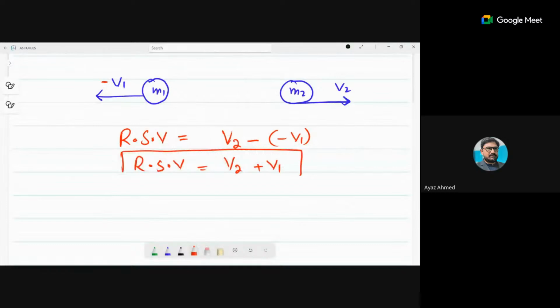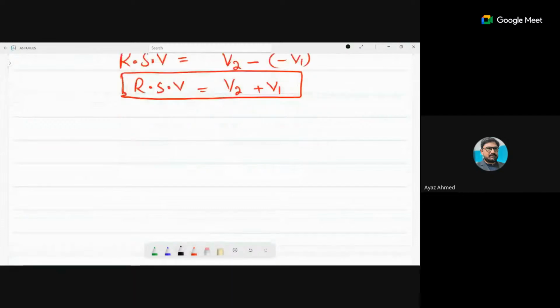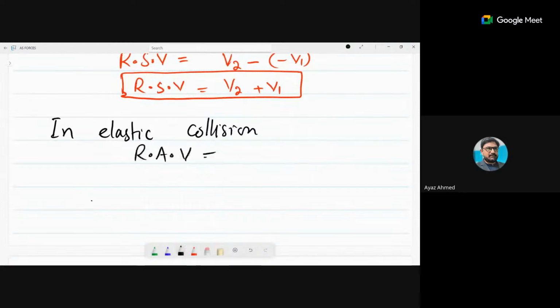This is very helpful for the law of conservation of momentum when we have elastic collisions. I will talk about elastic collisions in the momentum domain. In elastic collisions, your relative approaching velocity is equal to the relative separation velocity.